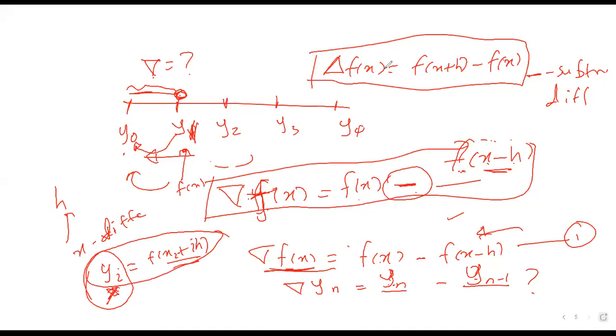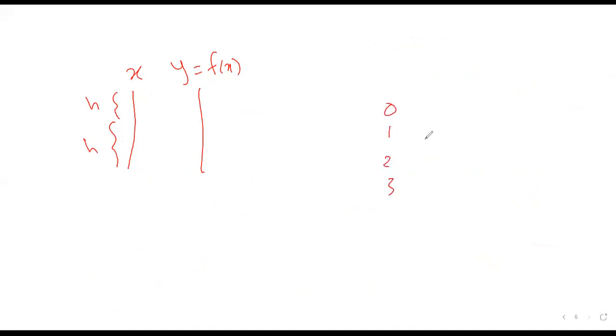Okay, I will do it again as a summary. If you have some points x, you can find f of x according to the functional value, and then these differences h are sometimes common differences. For example, if I have 1, 2, 3, h will be 1.